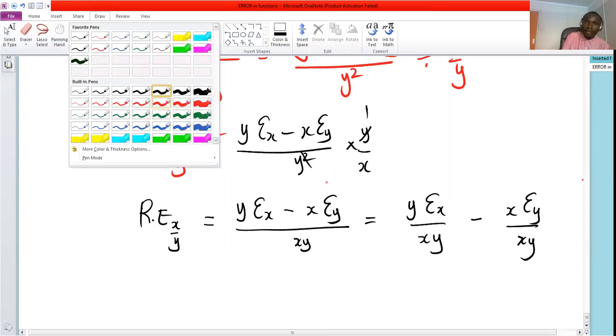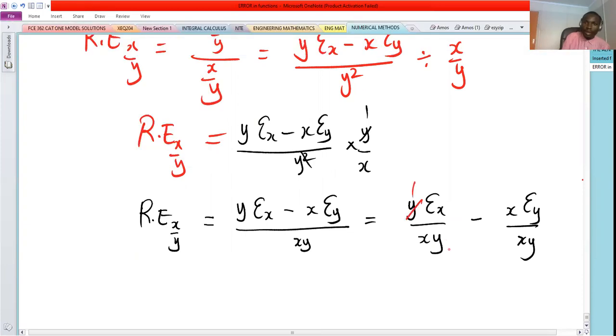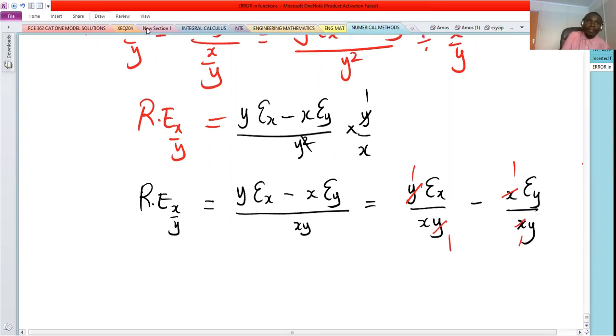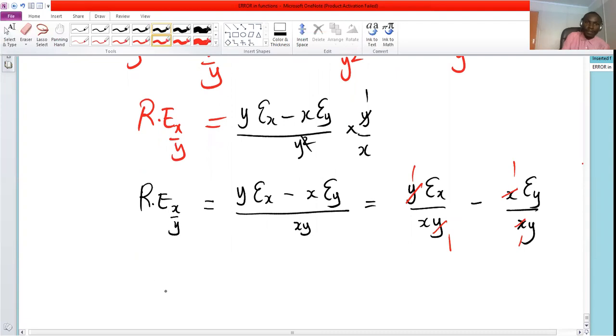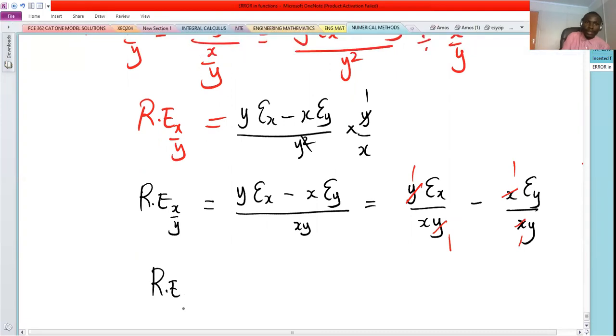And then here y and y cancel, x and x cancel out, so that relative error in quotient x over y is error in x over x minus error in y over y.